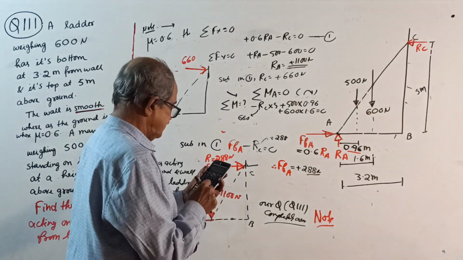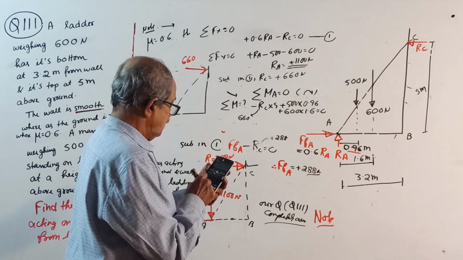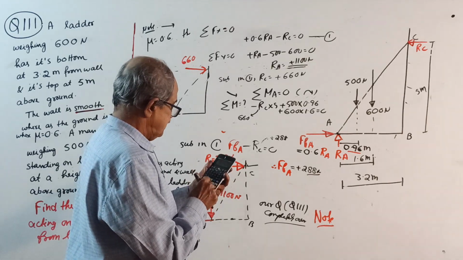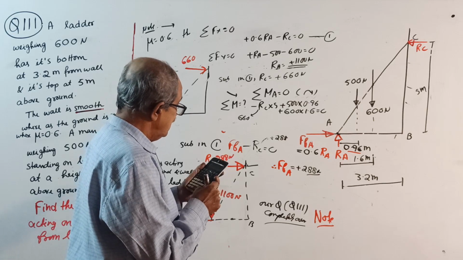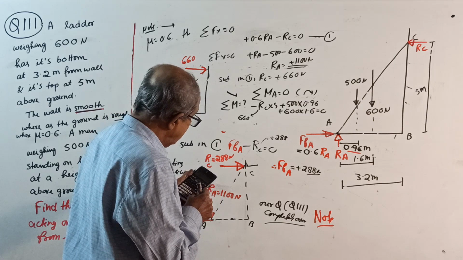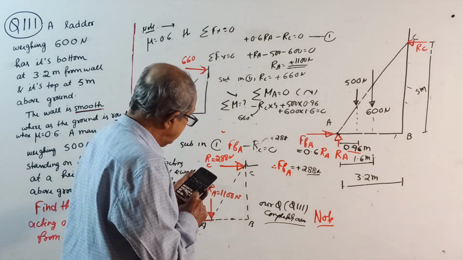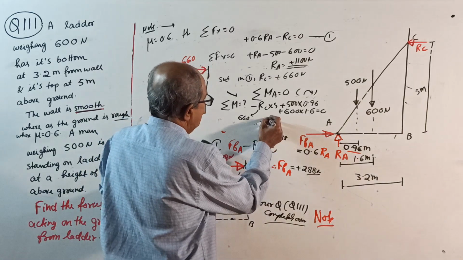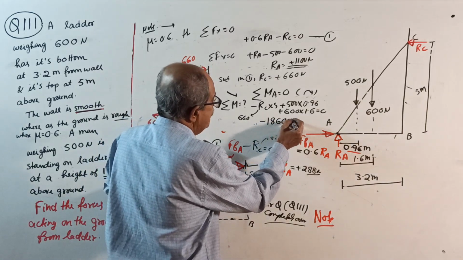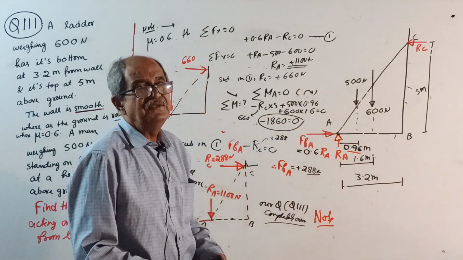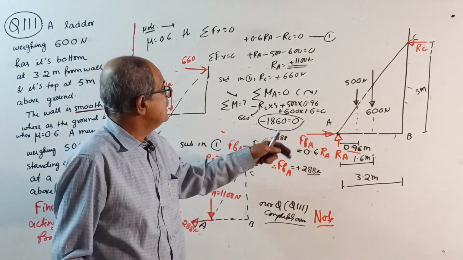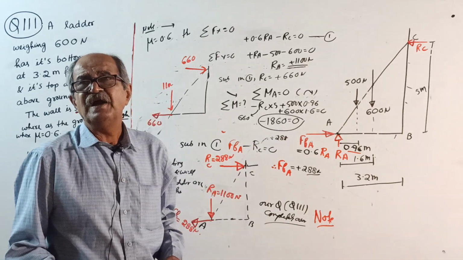660 into 5 into minus 1 plus 500 into 0.96 plus 600 into 1.6. You will get minus 1860 equal to 0. Hey, what is this? Minus 1860 is not 0. That means sigma M equal to 0 is not satisfied.